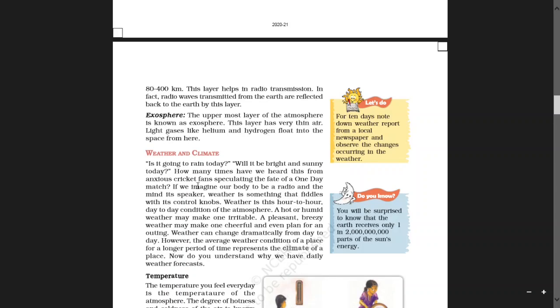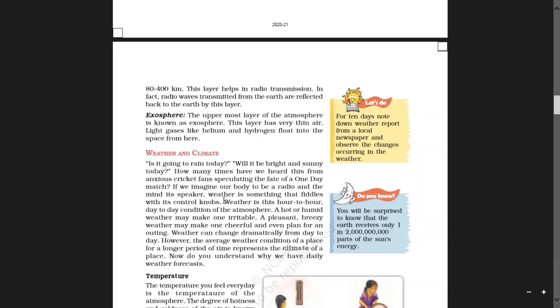If we imagine our body to be a radio and the mind its speaker, weather is something that fiddles with its control knobs. Anxious means showing worry.